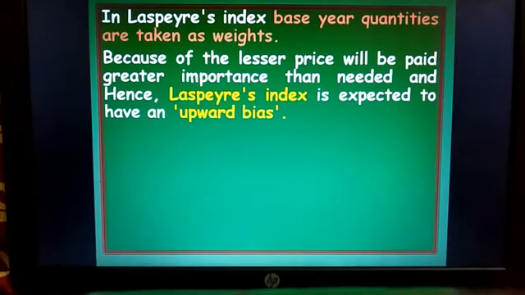Any commodity or item, when you compare their prices of 2015 and 2020, you will come to know the price was lesser in the base year and more in the current year. Am I correct? Now we have to observe that this lesser price will be paid greater importance.